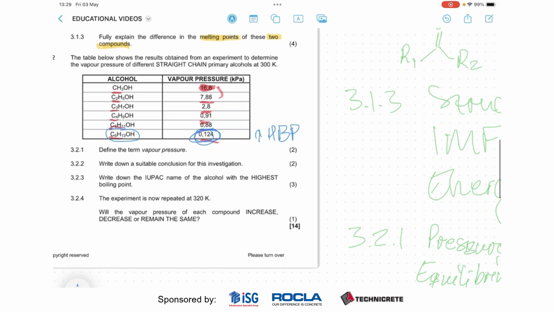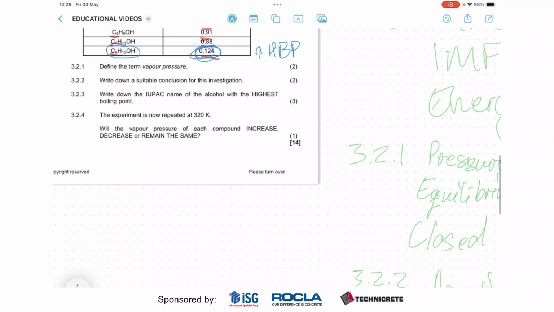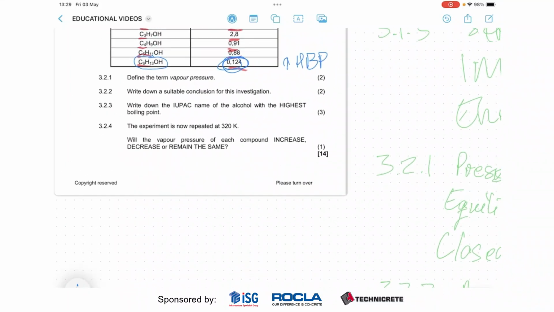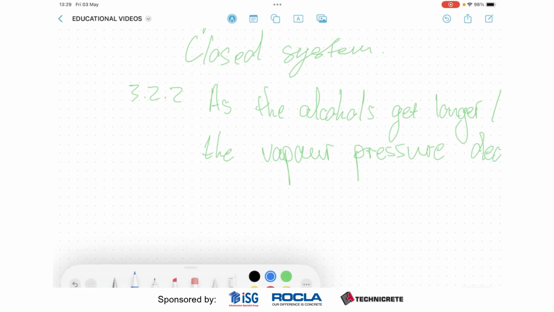We're going to make a couple of assumptions here. We're going to assume it's a primary alcohol and there's no branching in the chain. I think you have to make a couple of those assumptions. So let's see. 3.2.3.